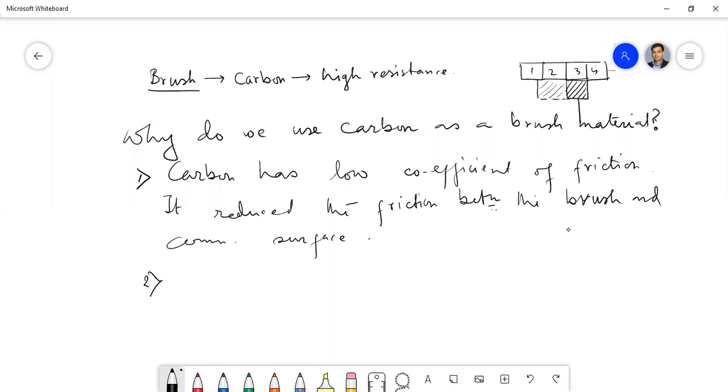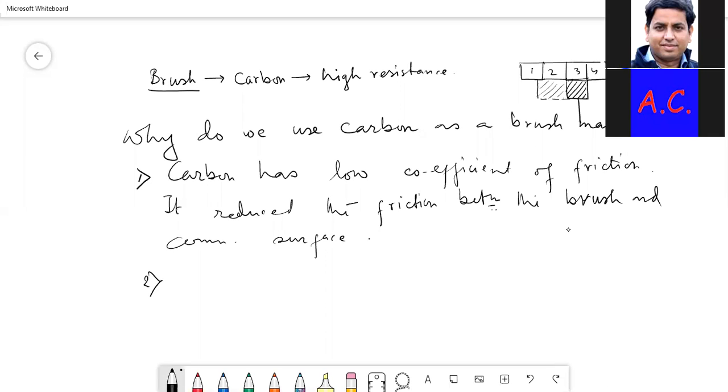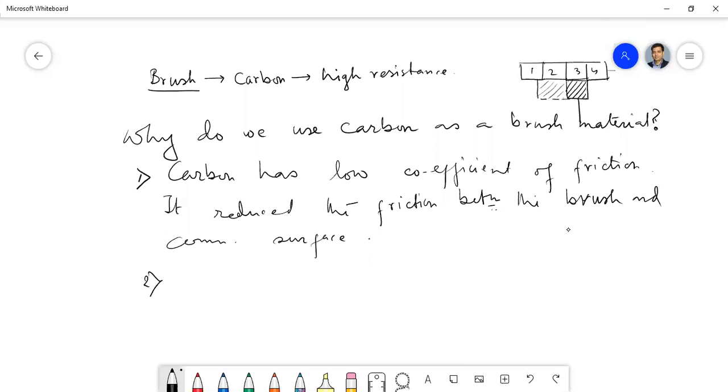The second point you have mentioned, that the carbon doesn't melt because of high temperature withstand capability. Did you mention this point? I think you haven't mentioned this point, isn't it? Okay, so carbon has very high melting point. And what happens if the temperature is very high, then it becomes dust.